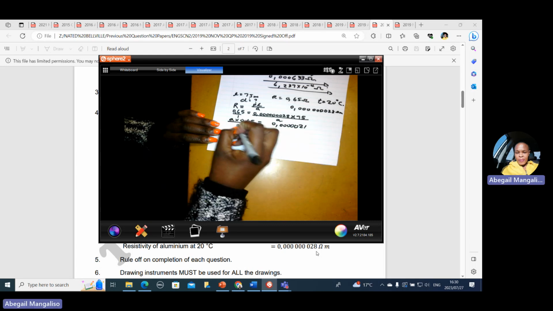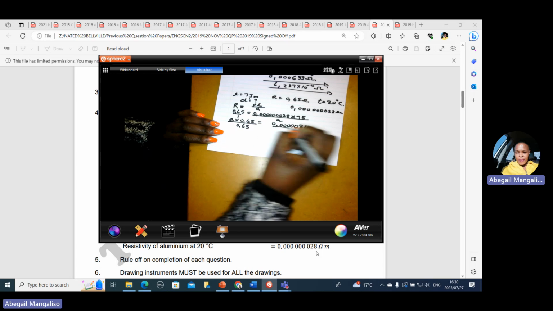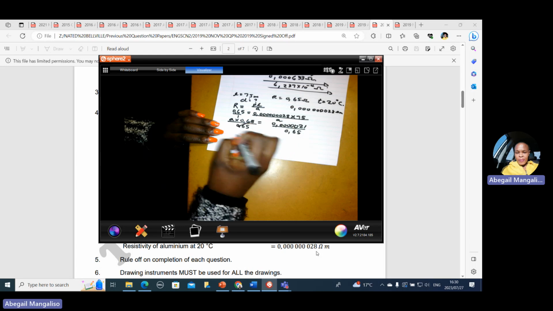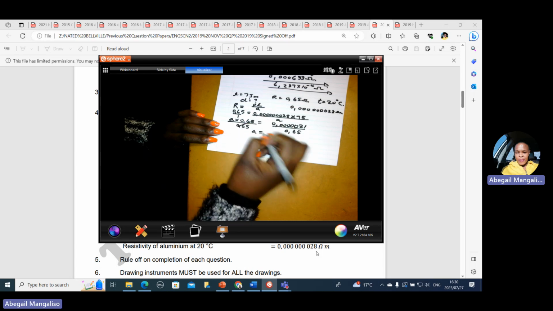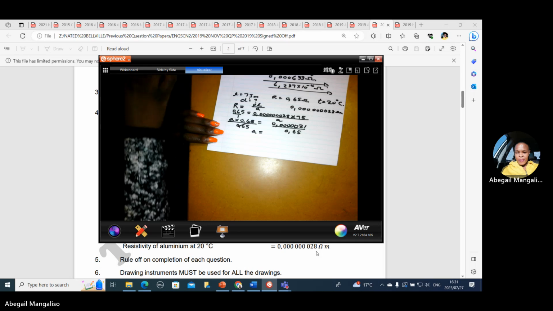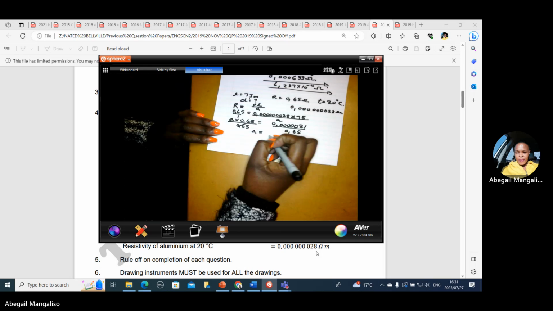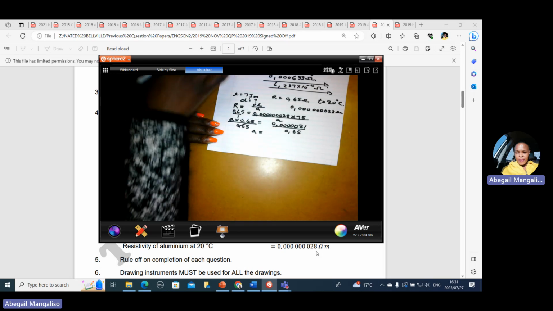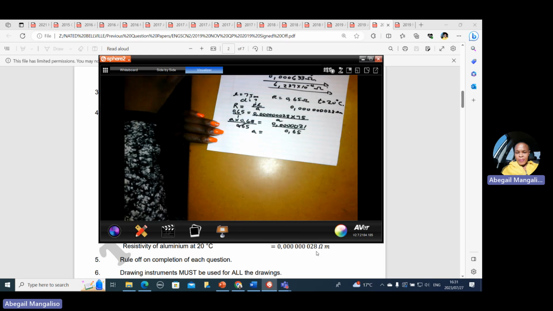Then divide both sides by 0.65. It cancels out on this side. The area will be equal to, or we can put it in exponential form.